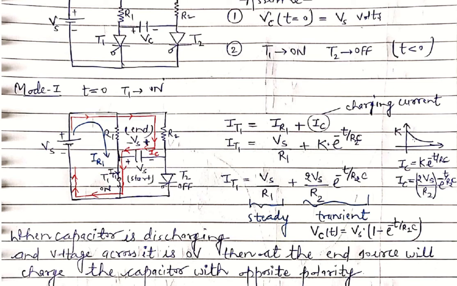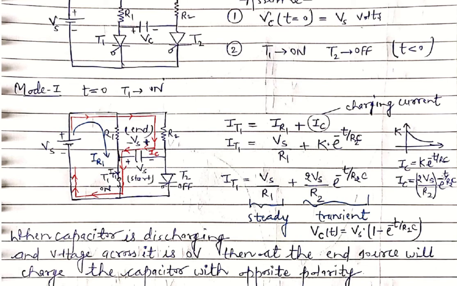And this charging current, because of the R and C combination, will have an exponential behavior. So IC will be written as K times e raised to the power minus t upon RC. If we want to calculate the peak value of this charging current, then applying KVL we can see that VS and the capacitor voltage of plus VS give 2 VS across the circuit, divided by R2, because R2 is in this branch.